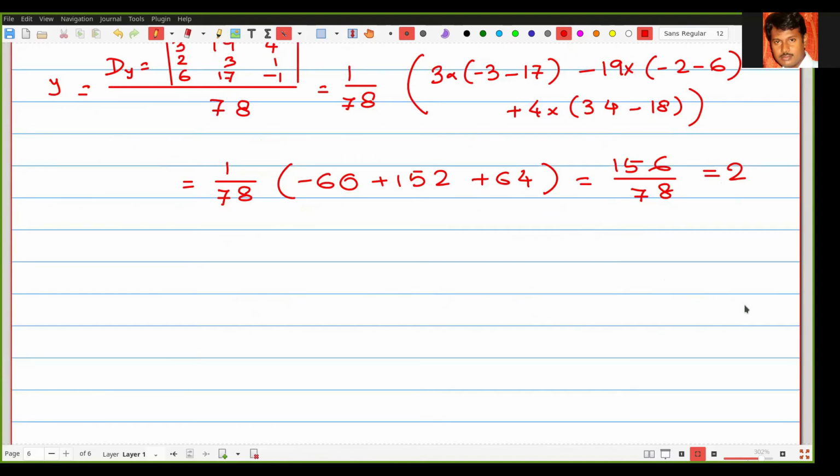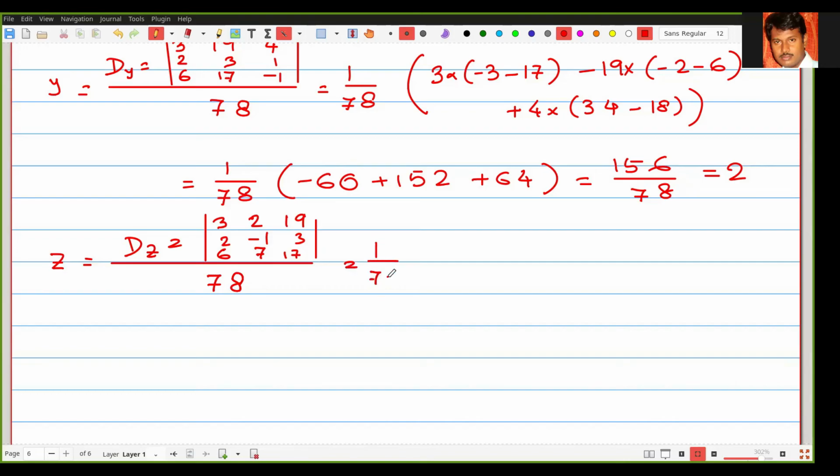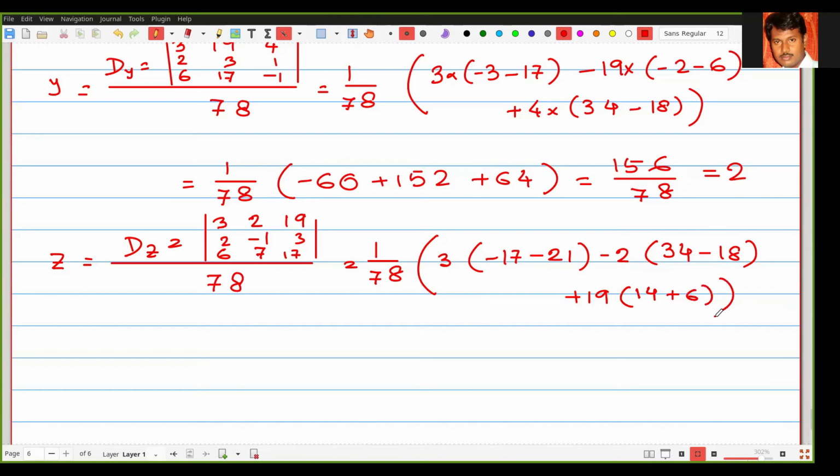Let's check the value of z. So that one is equal to dz is equal to 3, 2, 6. The first column remains the same, the second column remains the same, third column 19, 3, 17 upon 78. So 1 by 78, 3 into -17 minus 21 minus 2 into 34 minus 18 plus 19, 14 plus 6.